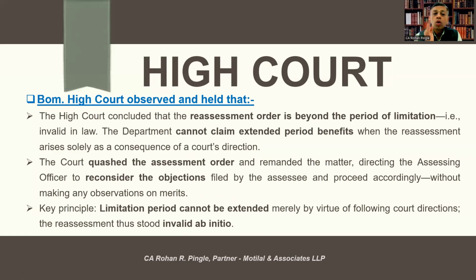The court quashed the assessment order and remanded the matter, directing the assessing officer to reconsider the objections filed by the assessee and proceed accordingly without making any observations on merits. Key principle herein is that the limitation period cannot be extended merely by virtue of following court directions. The reassessment thus stood invalid ab initio.